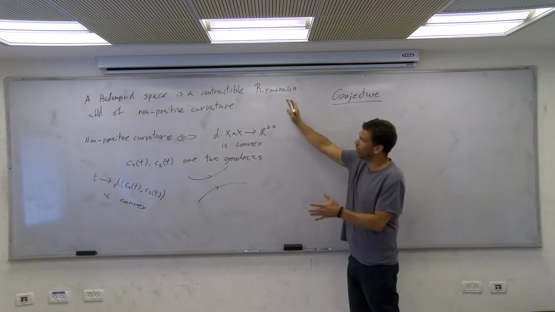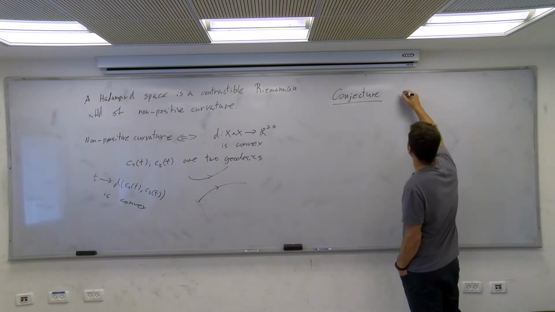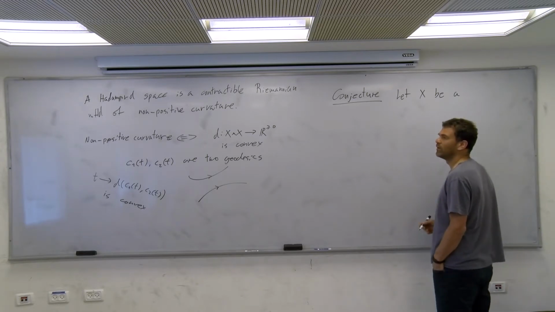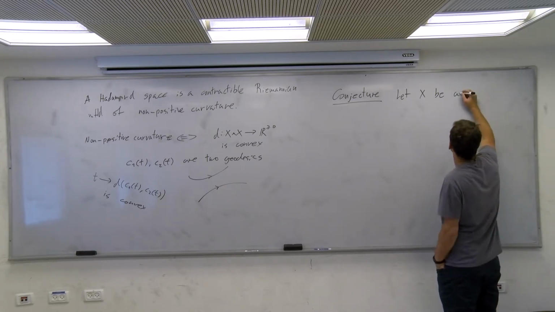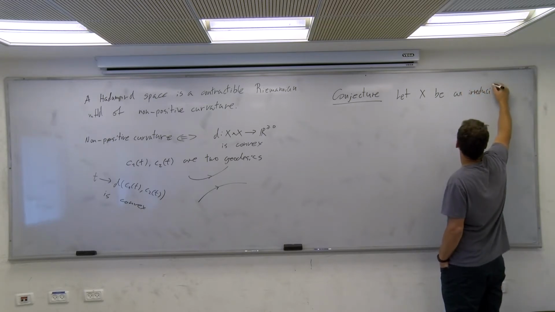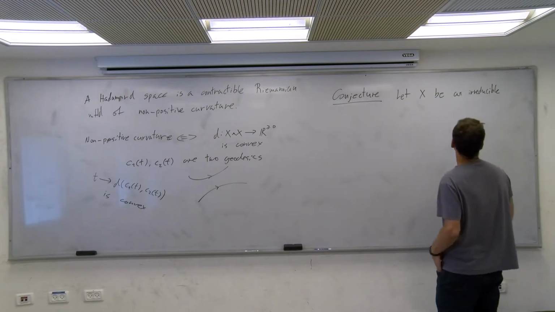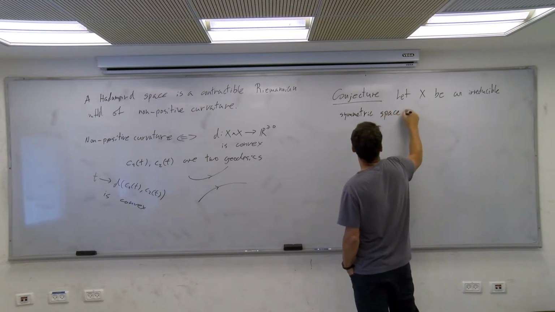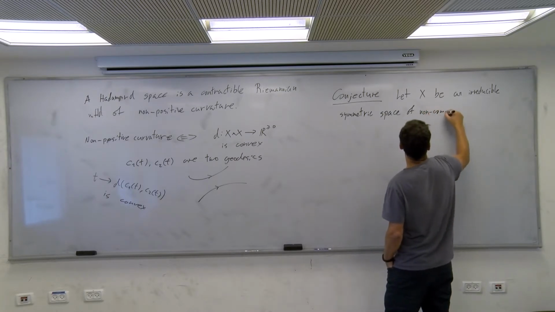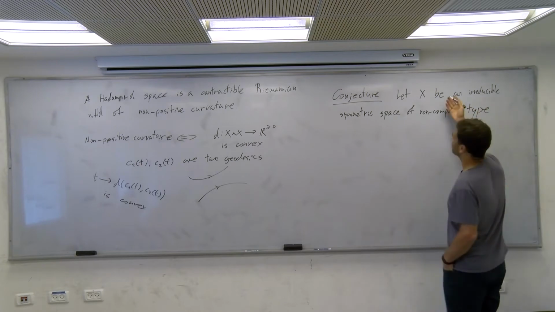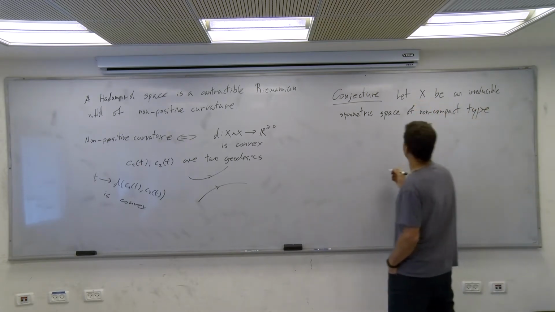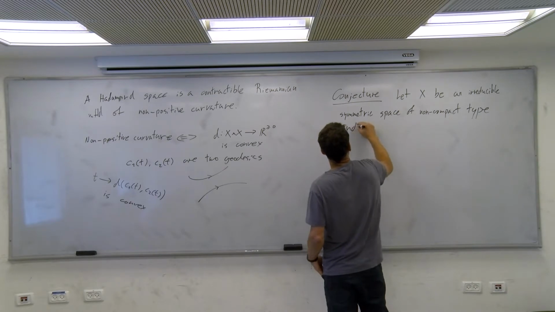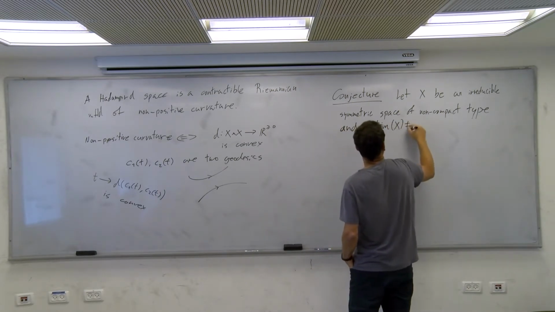So let me stay with symmetric spaces. Let X be, in this one formulation of the conjecture, an irreducible symmetric space of non-compact type, for instance hyperbolic Lobachevsky space, and let's say the dimension of X is not 3.